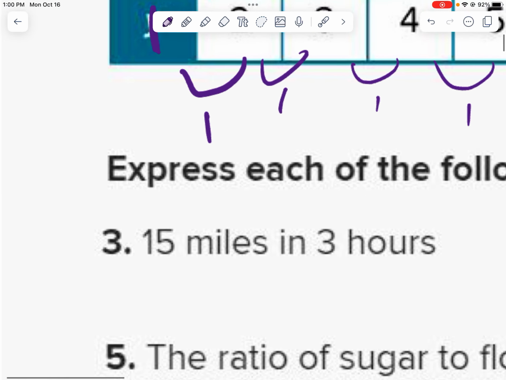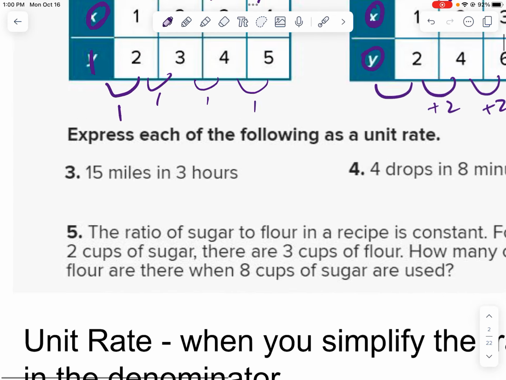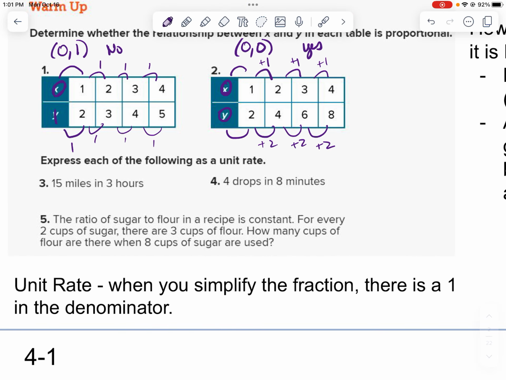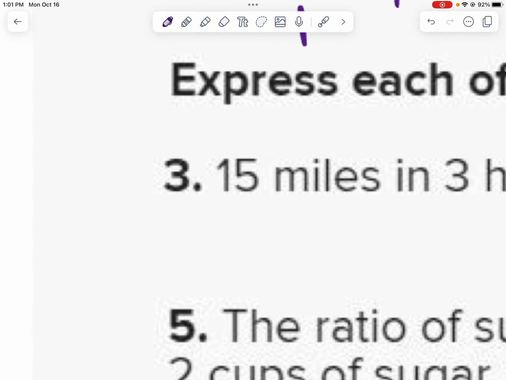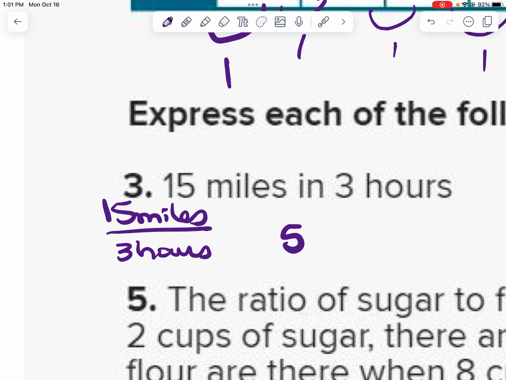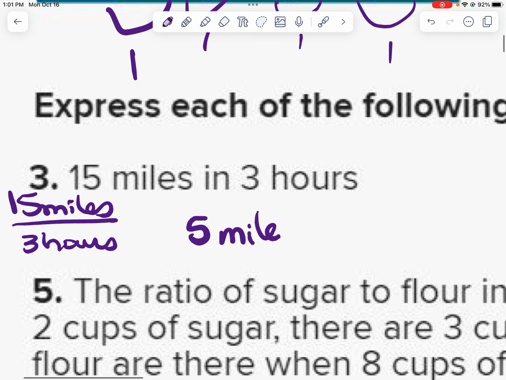Now, unit rate. Remember, for unit rate, when you are simplifying the fraction, there is a 1 in the denominator. So here, I have 15 miles over 3 hours. Okay, so I'm going to divide those numbers. 15 divided by 3 is 5, but you have to actually put 5 miles per hour or per 1 hour.